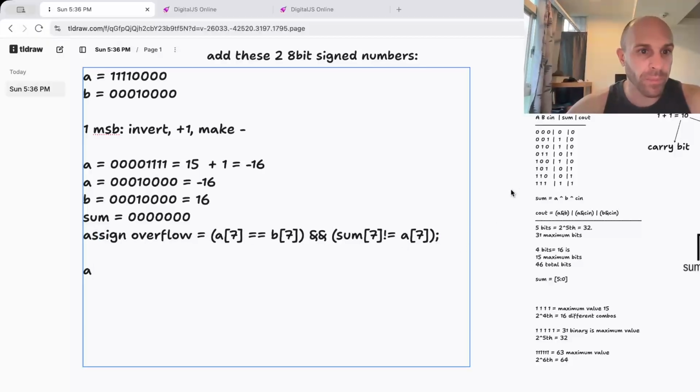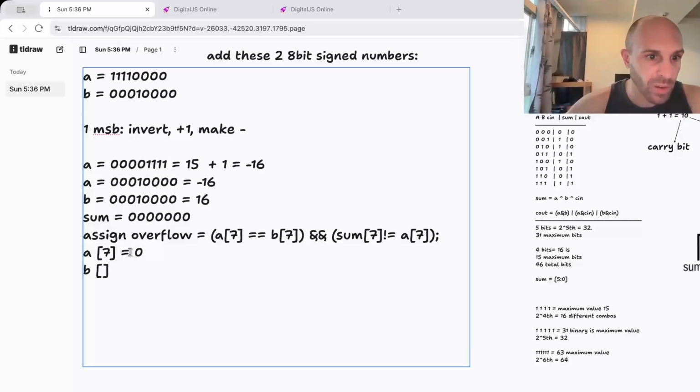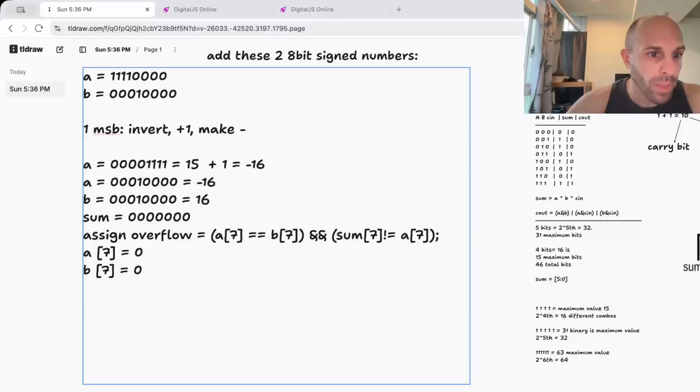So we have the most significant bit of A, that's A, that's B. A's is 0. B is 0. Sum is 0.